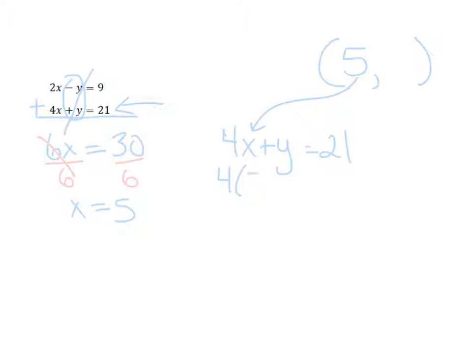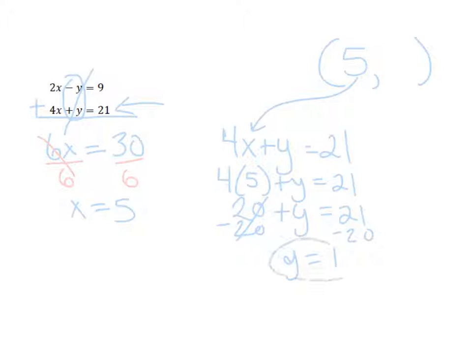You get 4 times 5 plus y equals 21. 20 plus y equals 21. Subtract that 20. You get y equals 1. So I found my intersection of 5, 1. I've already checked these, and it does work for the top and bottom equation.